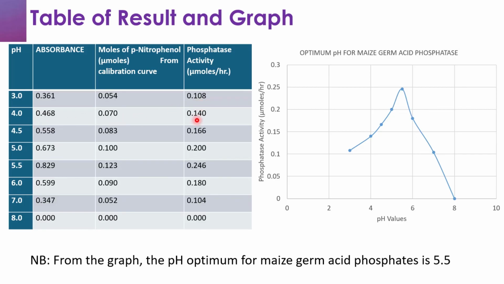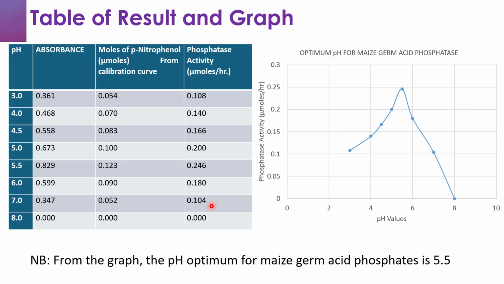At pH 4, we have 0.140. At pH 4.5, we have 0.166. At pH 5.0, we had 0.20. At pH 5.5, we have 0.246. At pH 6.0, we have 0.180. And at pH 7, we have 0.104.